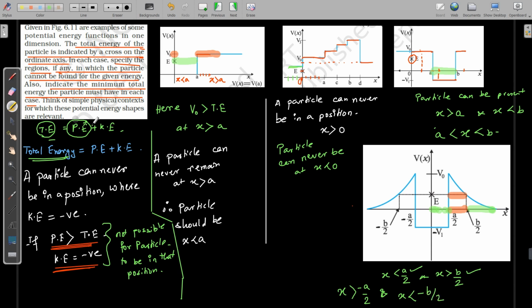So here also, when x is less than minus b by 2, potential energy is less than total energy, possible. And also when x is greater than minus a by 2, potential energy is less than total energy, possible, right? So which portion is not possible? This portion is not possible. At this portion, we can see potential energy is more than the total energy. I have drawn with the colors as well. Is it clear?